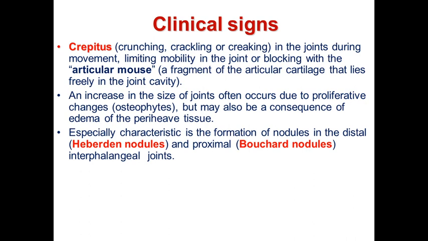And especially characteristic is the formation of nodules in the distal and proximal interphalangeal joints. If nodules form in the distal interphalangeal joints, they are called Heberden nodules, in the proximal, Bouchard nodules.